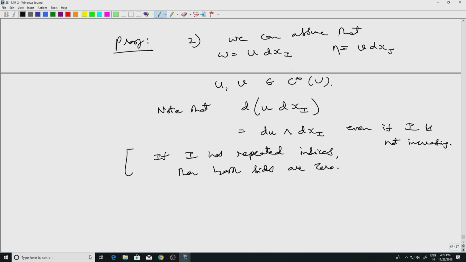Again, let me make a comment here. If I has repeated indices, then both sides are 0. So why is this the case? Well, a more general comment is, after all, what is dx_I? By definition this is dx_i1 wedge through dx_ik. So more generally, let's look at omega_1 wedge through omega_k, where these omega_i's are 1-forms.